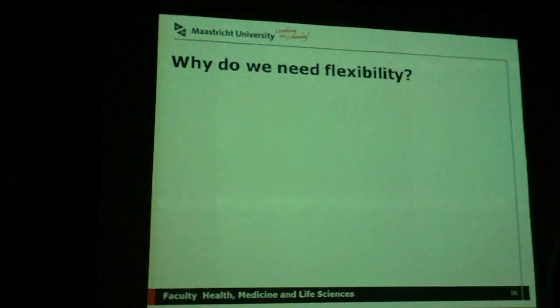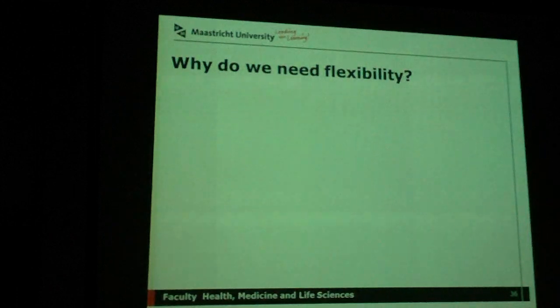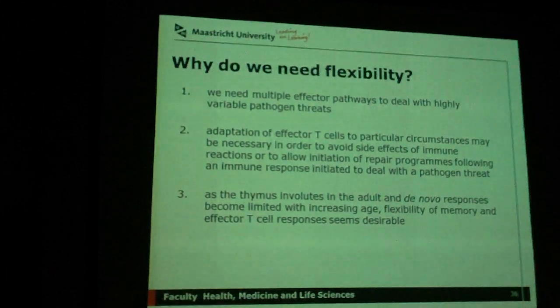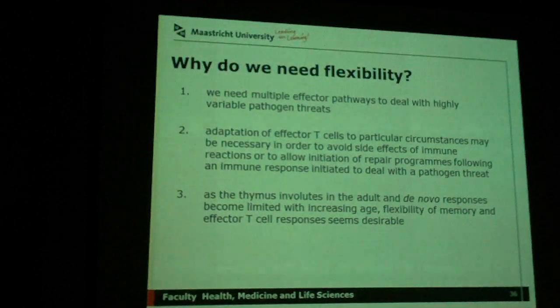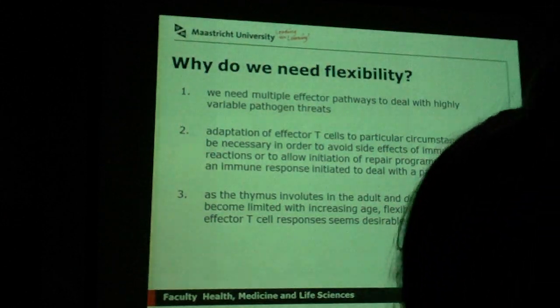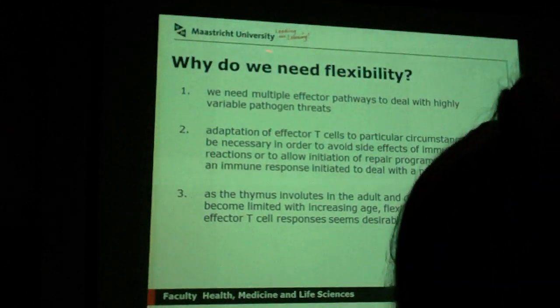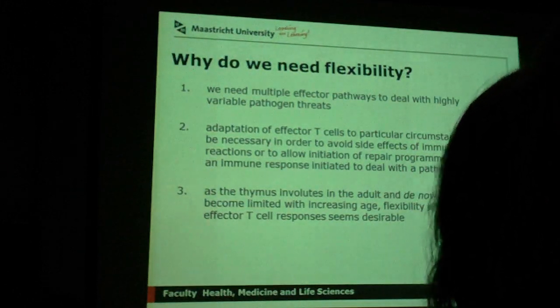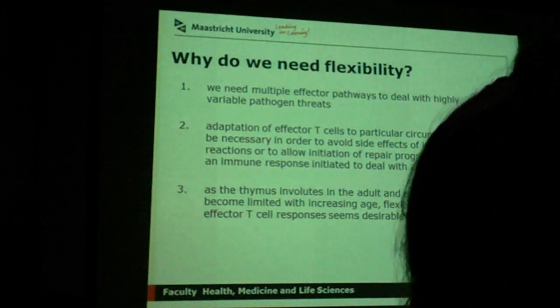Why don't we get a fixed cell with a certain phenotype which is really equipped to do the job? Well, there are different reasons people believe. What I told you in the beginning, we encounter a lot of different threats which need a specific tackle, and therefore we need multiple effective pathways to deal with all these different threats.